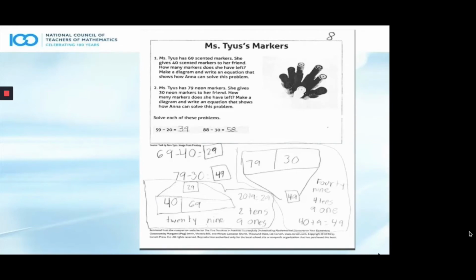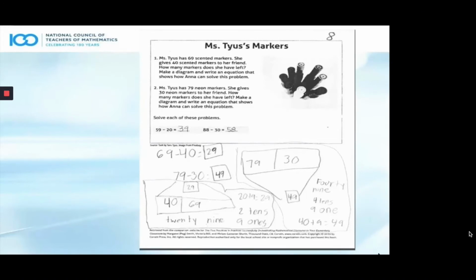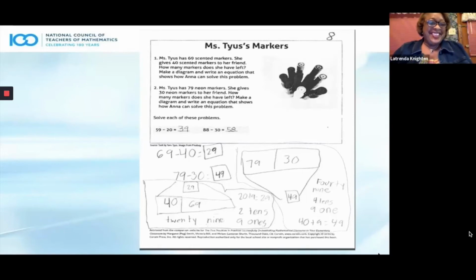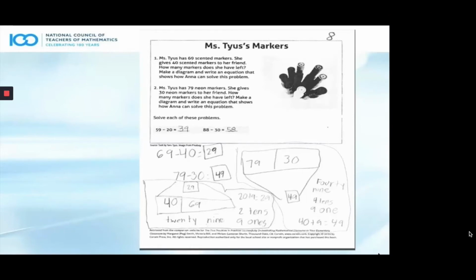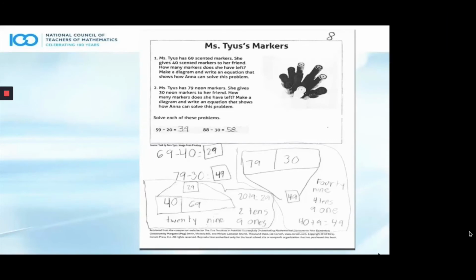But then there's also this other section of comments, Latrina, that's talking about what they're noticing. Like, I'm not really sure what's going on here. I noticed that I'm trying to understand the diagram, and some of those really nice comments that we all have when we look at student work. I'm laughing because I know these kids. What does the whole represent in the T diagram? Tell them to act it out with Unifix cubes.